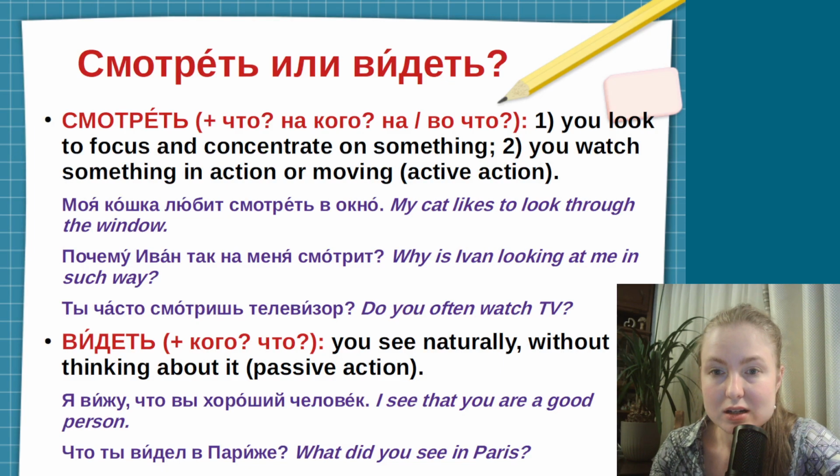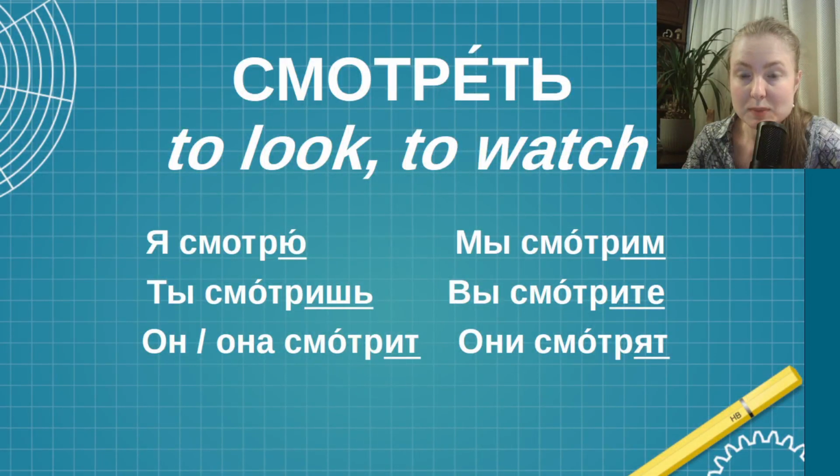Okay, I hope that the meaning of the verbs was clear for you. And now let's talk about the conjugation of these verbs. So, смотреть. It's the second conjugation, a regular verb. Это группа 2. This verb means to look and to watch.